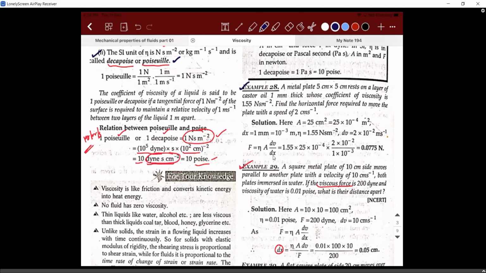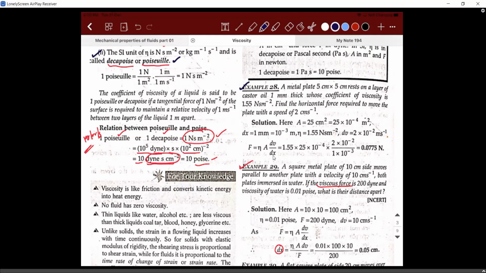Centimeter into centimeter. 1 centimeter square is how many meters square? 10 power minus 4. And the conversion would be just centimeter per second converted to 10 power minus 2 meter per second. 1 millimeter is 10 power minus 3. Substitute.